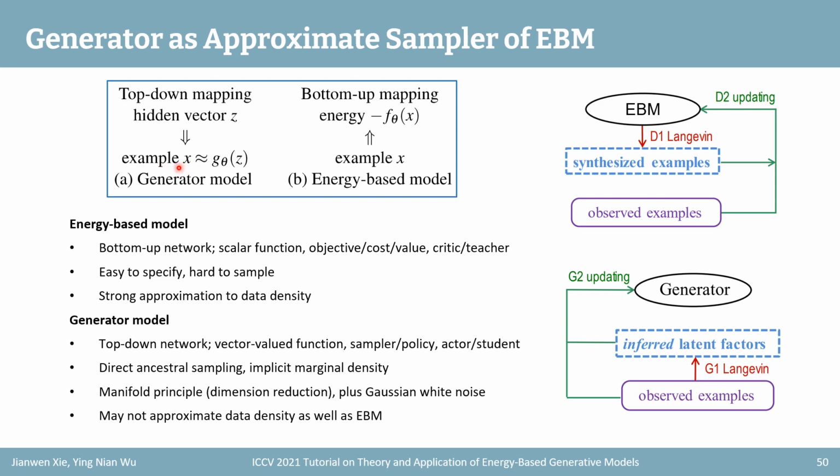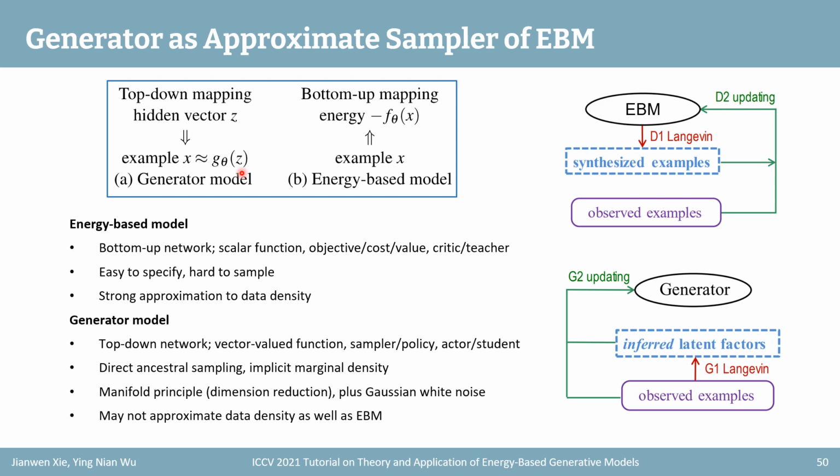And then this image X is generated by a hidden vector Z, a low-dimensional hidden vector Z, through a top-down network. So Z is at the top and X at the bottom, and Z generates X through this top-down network g_theta. So g is a top-down mapping. This is the structure of the generator model.